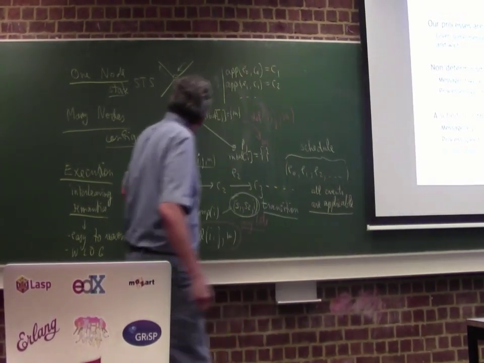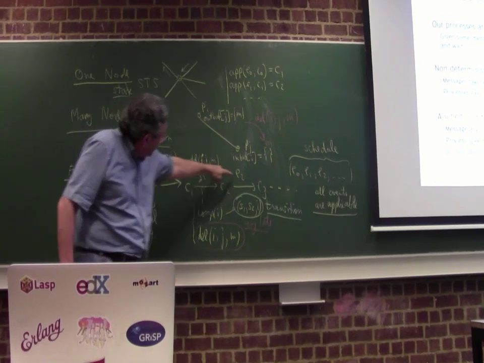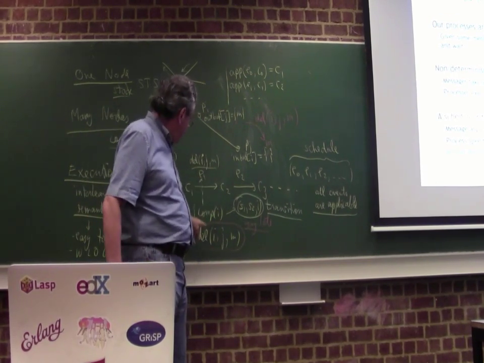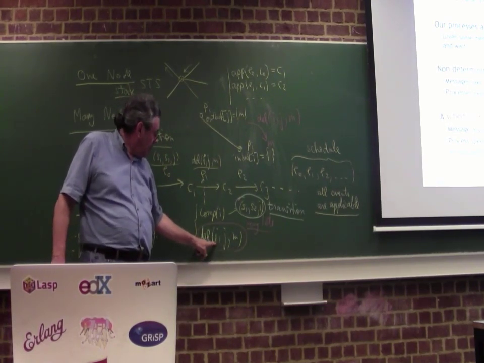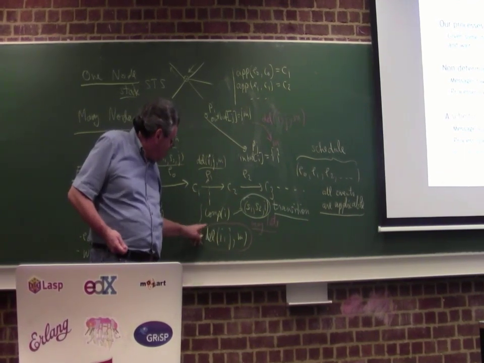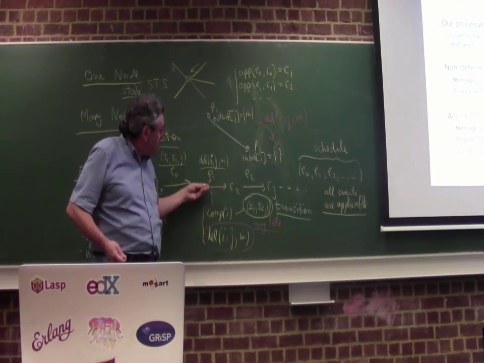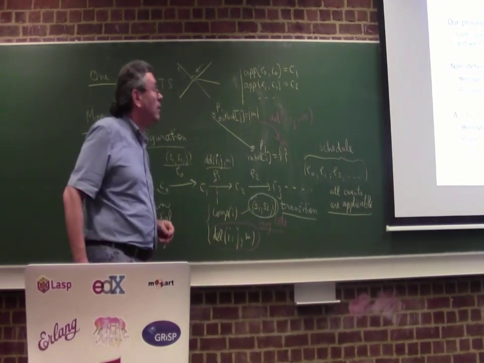So the schedule, all we know is that each of these events is applicable here. But if M is in the outbuff of I, and we don't remove M from the outbuff, this event will be applicable in many, many possible configurations. Okay?